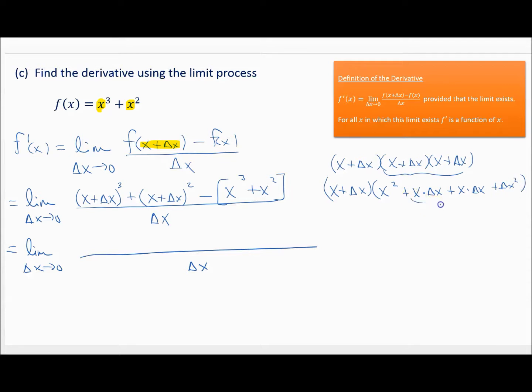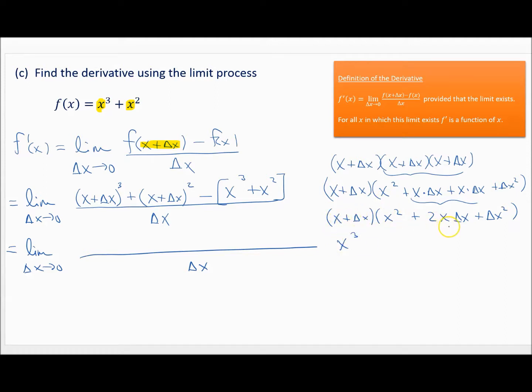I'm going to add these like terms. So that's x plus delta x times x squared plus 2x delta x plus delta x squared. Now I'm not finished, right? I have to distribute this x inside and this delta x inside. So x times x squared is x to the third.